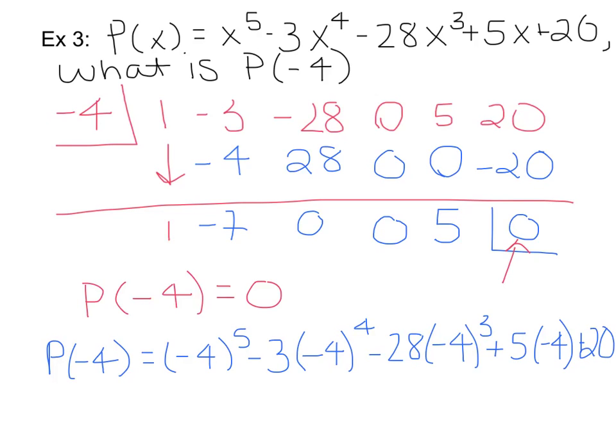Okay, if you were to pick up your calculator, type all of that in, you would still get 0. So that's a good way to check to make sure that you did all your synthetic division right, but I am going to need to see the synthetic division since you're not going to be able to use your calculator on a quiz.